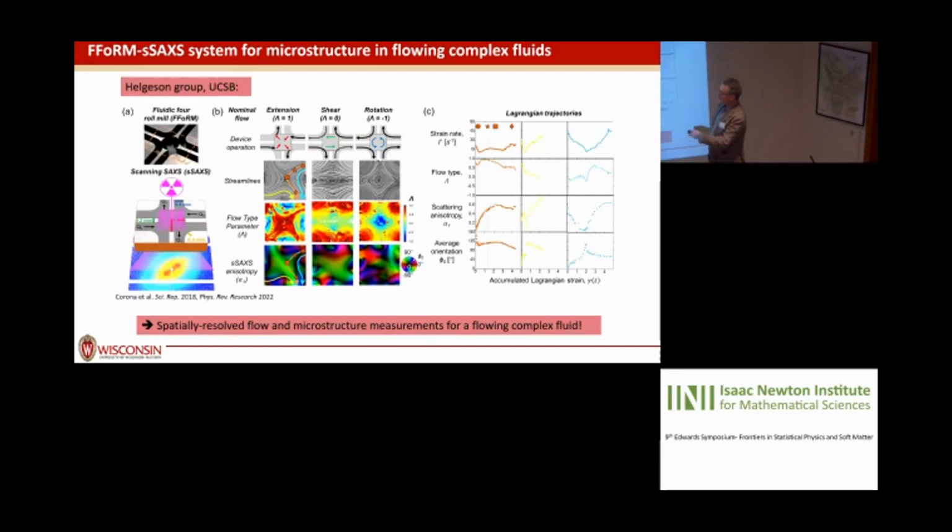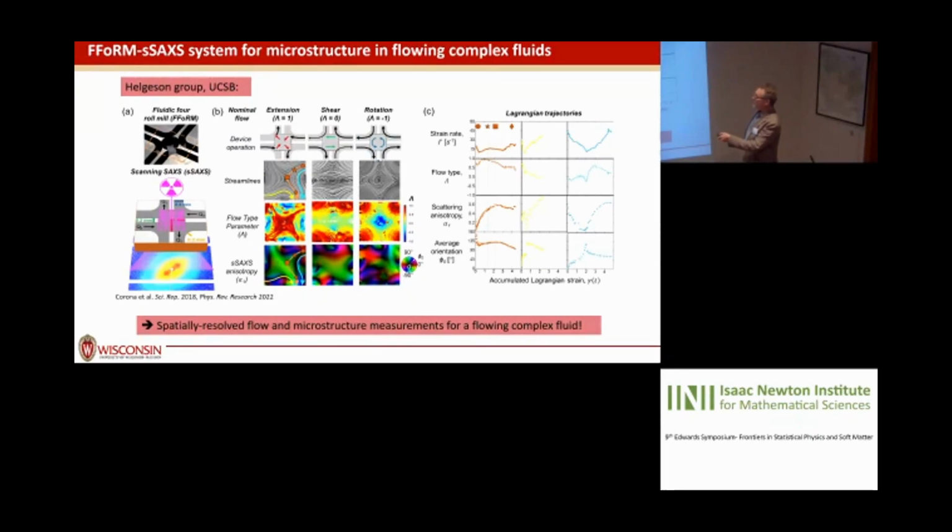Here is a flow-type parameter, so extensional, shear, or rotation dominated flow. And then in the bottom set of pictures, the color is indicating an average orientation angle from the scattering pattern.